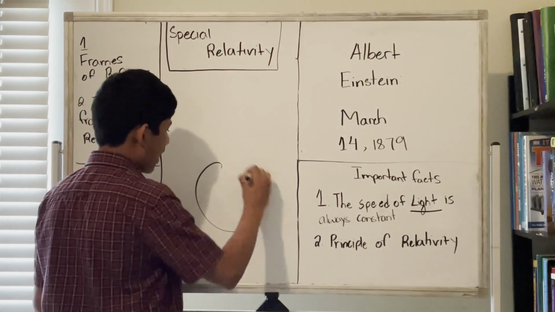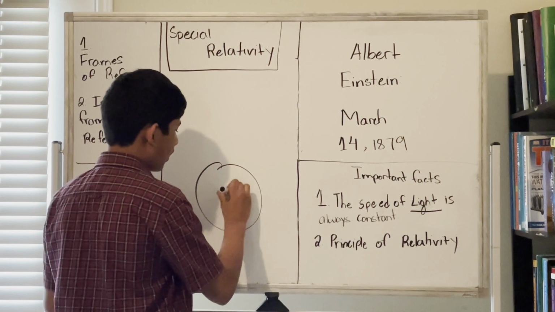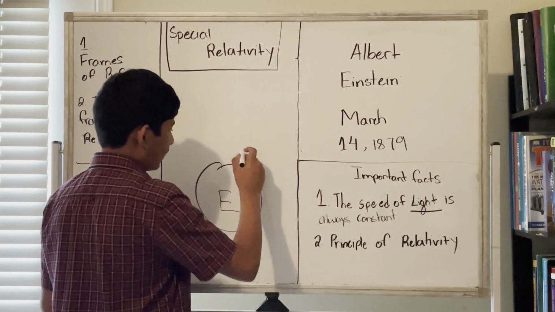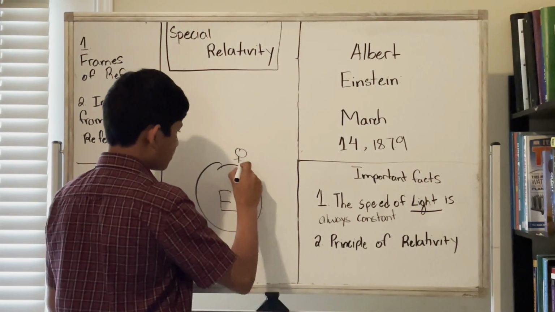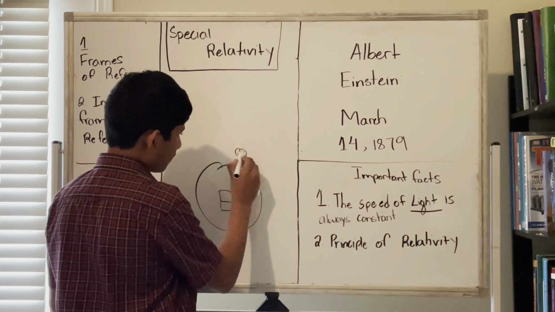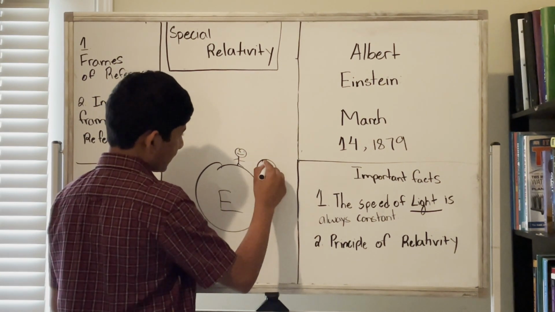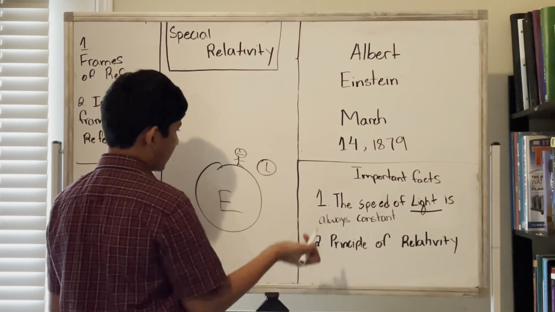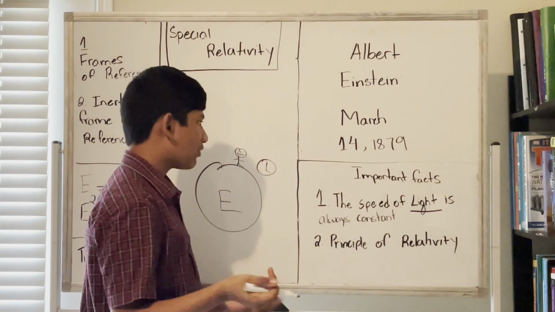So say we have Earth, which we'll abbreviate E. And on planet E, or planet Earth, we have a person. This person has a clock, and this clock is ticking at the regular rate and synchronized to the other clock.